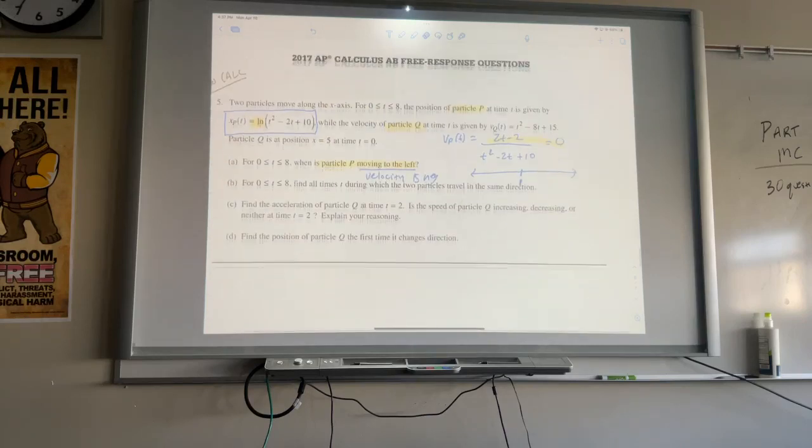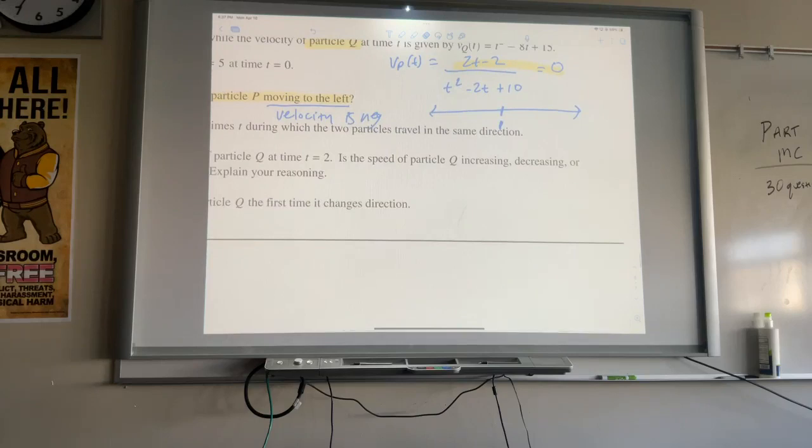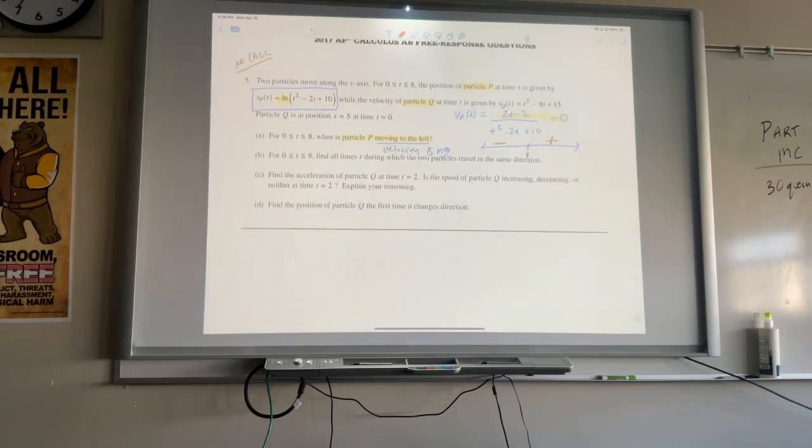I could look and tell, but you just want to be able to tell. All right. You guys, this is always going to be positive no matter what I plug in there. So let's test 0. 0 minus 2 is negative. Let's test 2. 4 minus 2 is positive. Okay? When is the particle moving to the left?